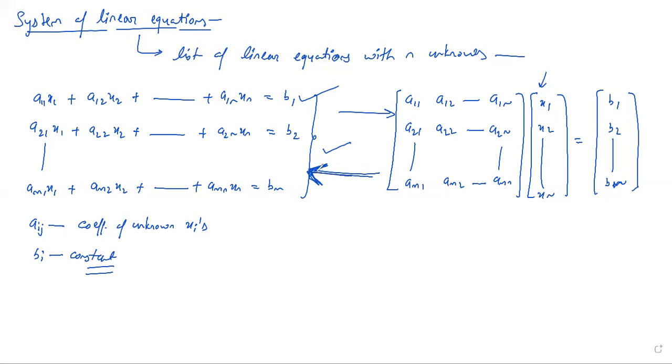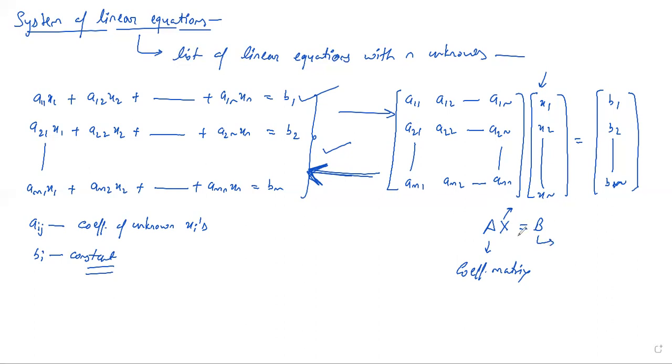So that is the way that we can write the system of linear equations into this format, that is Ax equals to b, where A is my coefficient matrix, and x is the vector of unknowns. Okay, and b is also a column vector, and x is also a column vector.